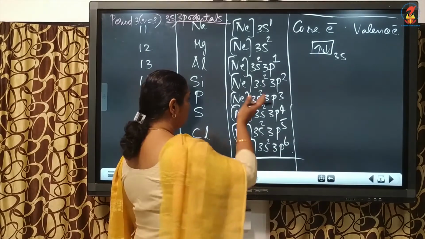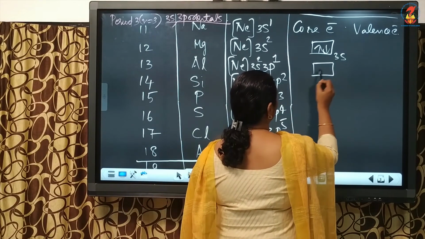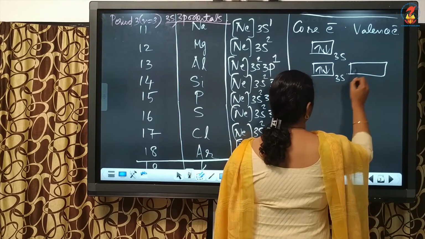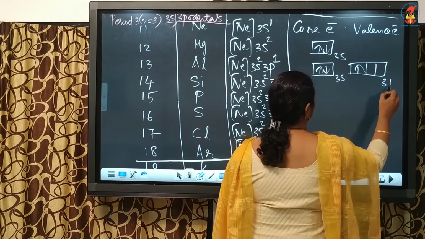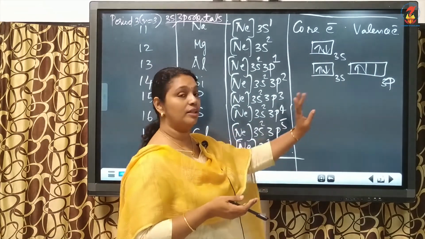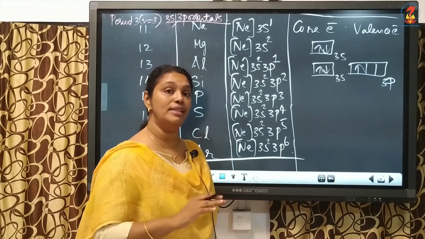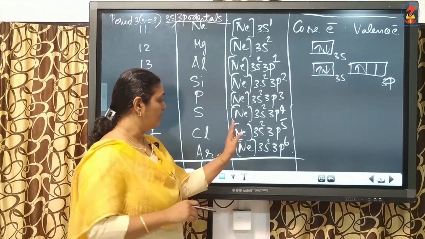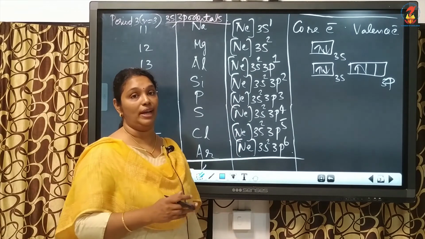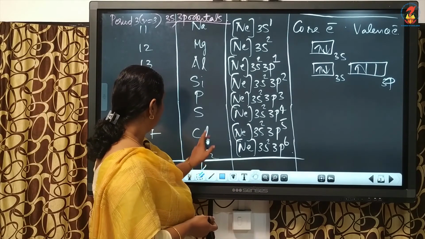For aluminium, you draw 3s2 and 3p1. In the orbital diagram there is 1 electron in p and 2 in 3s, so the total valence electrons is 3. These are the core electrons, and the electrons written outside the bracket are the valence electrons. Now period number 3 is over.